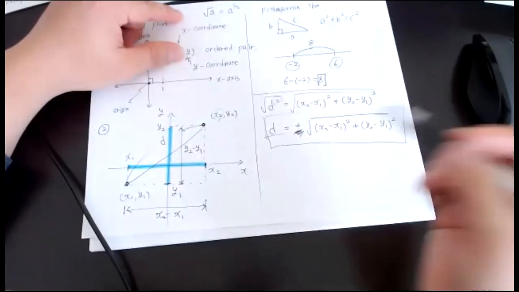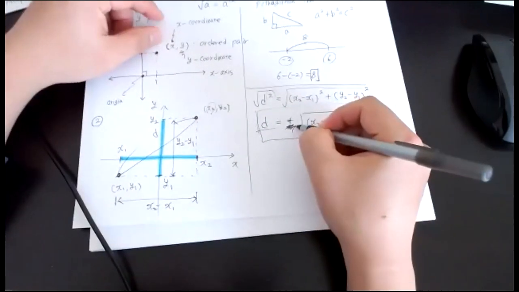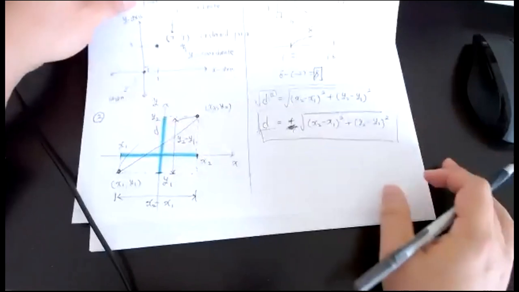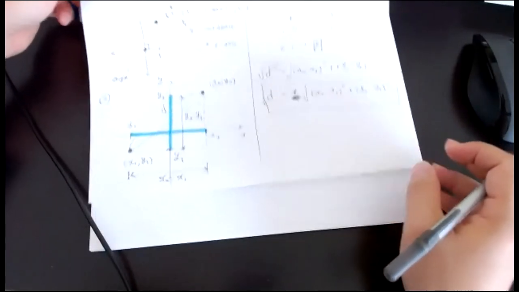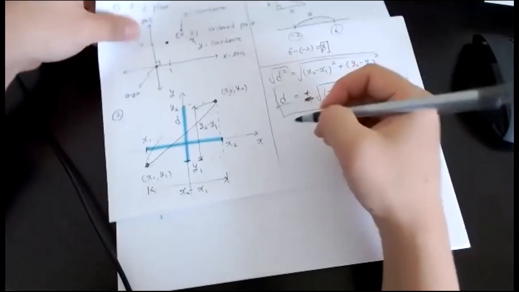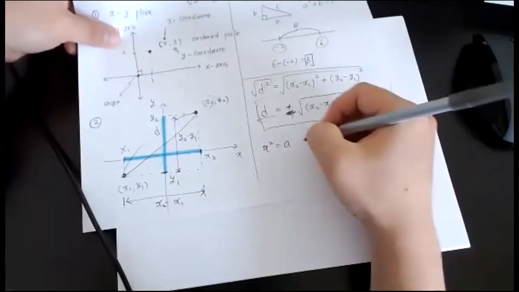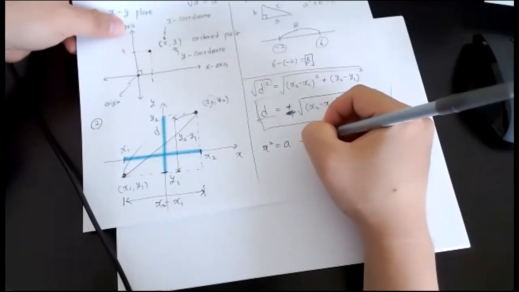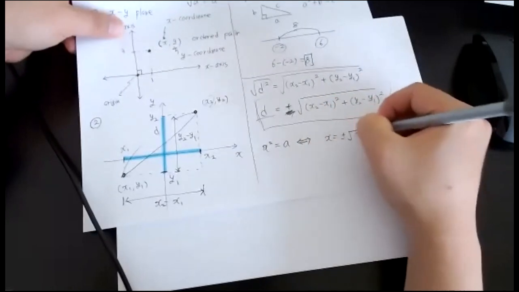Okay, and then let me tell you why we got the plus and minus sign, because of the square root property. We're going to learn it in the next section, but the property is this: x squared is equal to a if and only if x is equal to plus minus the square root of a.